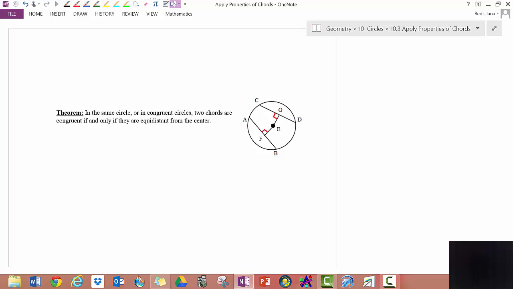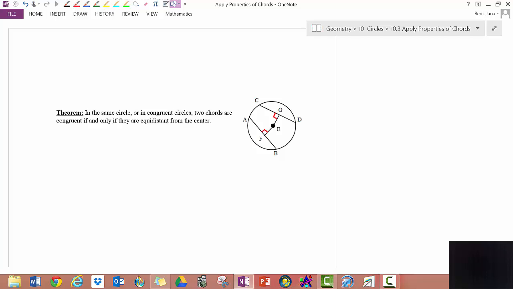Next theorem. In the same circle and congruent circles, two chords are congruent if and only if they are equidistant from the center. I want you to pay attention here. The diagram shows at the moment that EG and EF are perpendicular to chords CD and AB respectively. However, it does not tell you that they're equidistant.